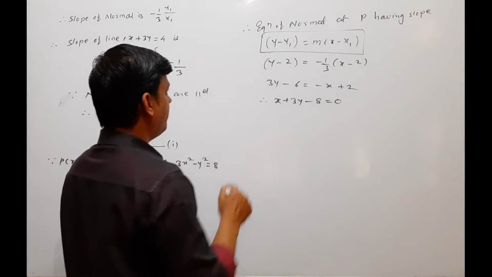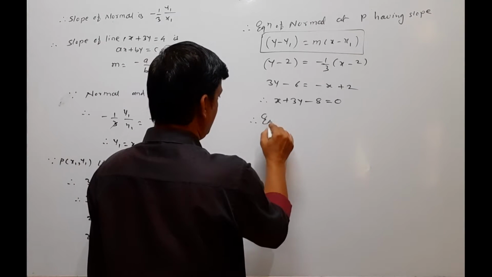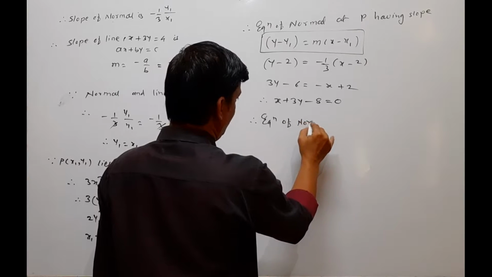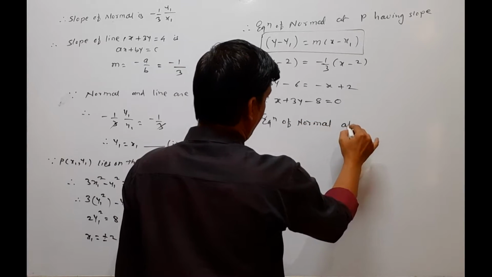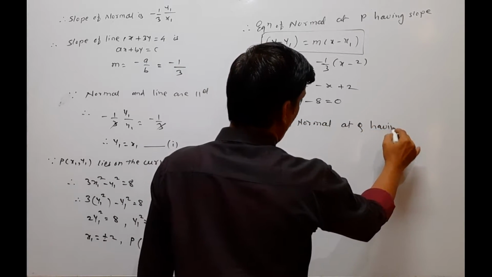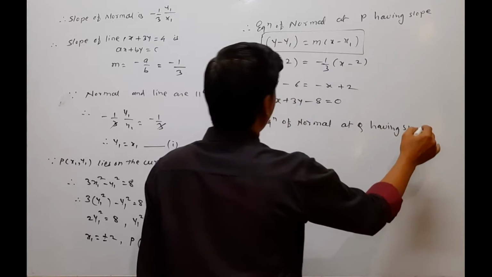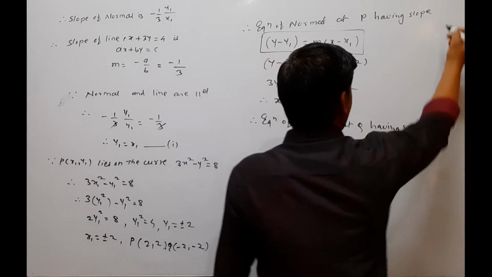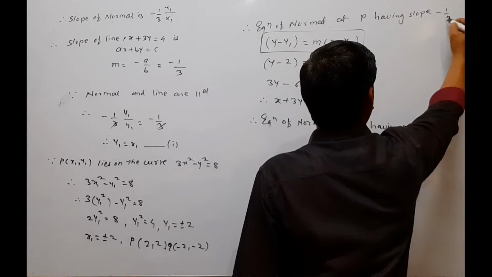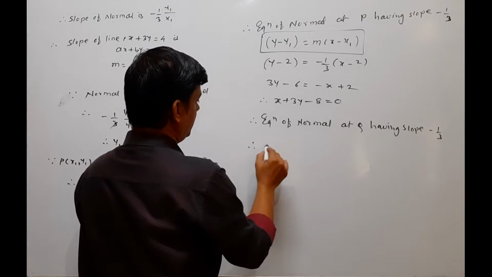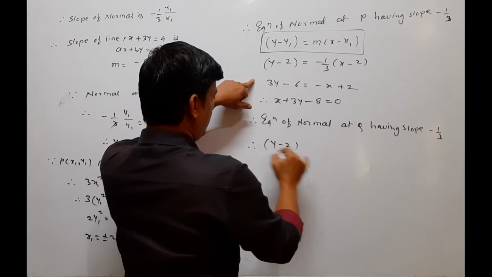Now we find equation of normal, therefore equation of normal at Q having slope minus 1 by 3. Therefore y minus 2.